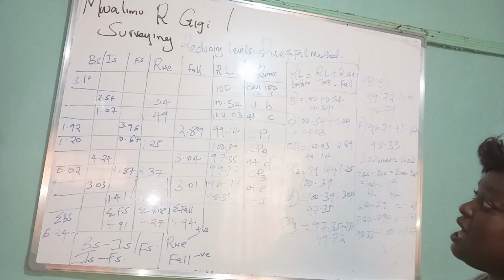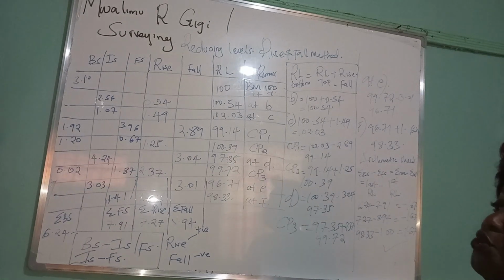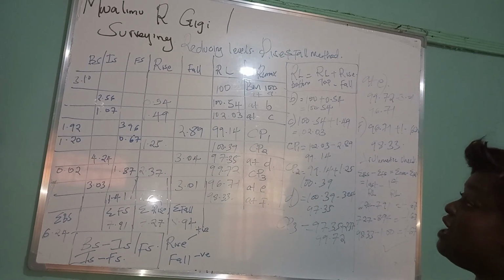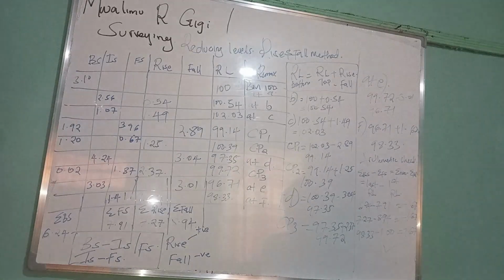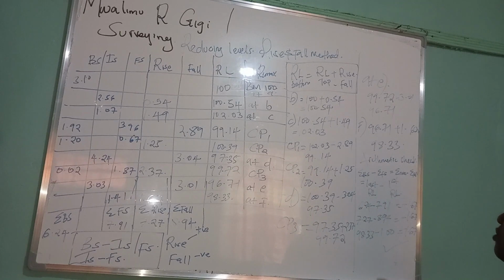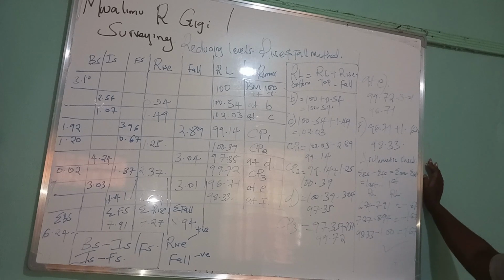So can we use this data and use the height of collimation method to reduce the levels, and then perform the arithmetic checks. For the rise and fall method, the arithmetic check is the sum of backside minus the sum of foresight equals the sum of rise minus the sum of fall, which equals the last reduced reading minus the first reduced reading.